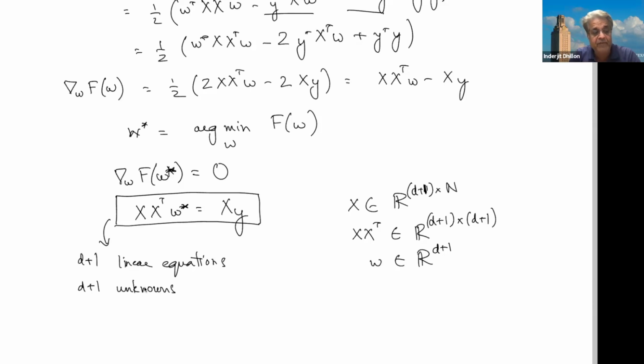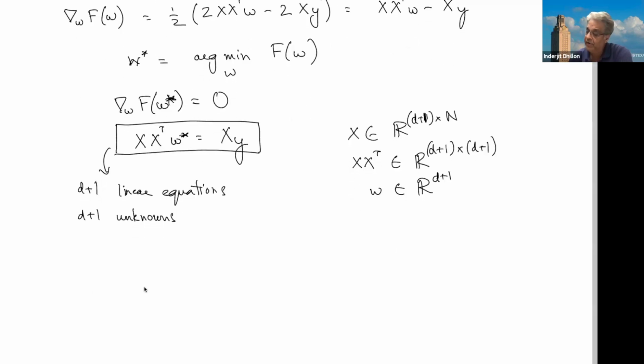Although I haven't said a few things, right? When can I actually get a unique solution over here? Again, linear algebra comes in. I can write W star to be equal to, remember that XX transpose is a D plus 1 by D plus 1 matrix. And under certain conditions, it actually has an inverse.